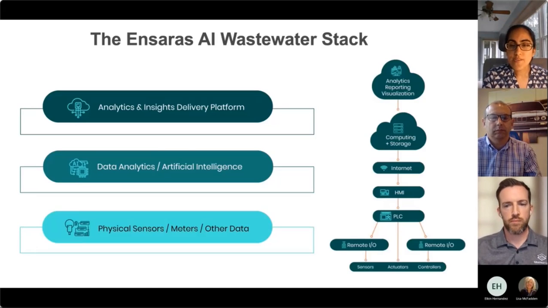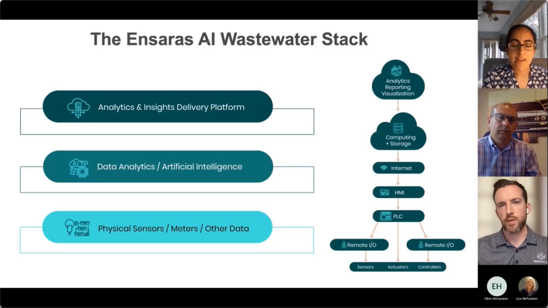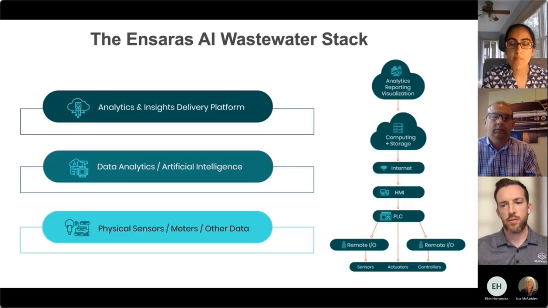We can provide facilities with the hardware, or we can come in and use the existing data that's already being collected. The core of our system is the algorithmic work that we do. So we'll work with facilities to address particular problems that they're facing using the data that they're already collecting or specifying and providing that hardware to collect the data that we think will be beneficial to solve that problem.